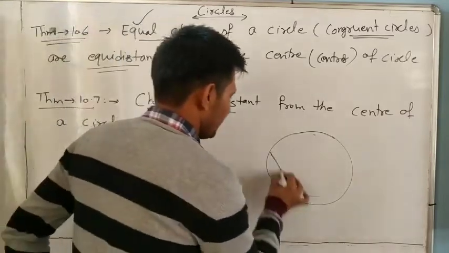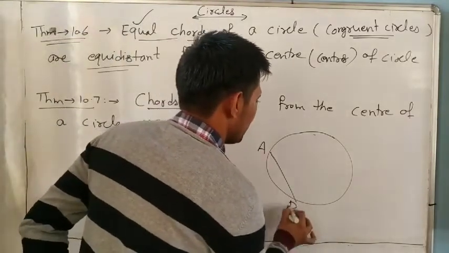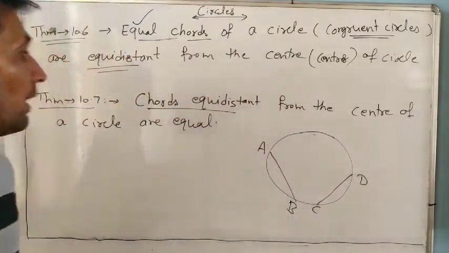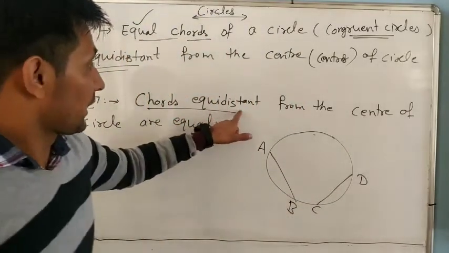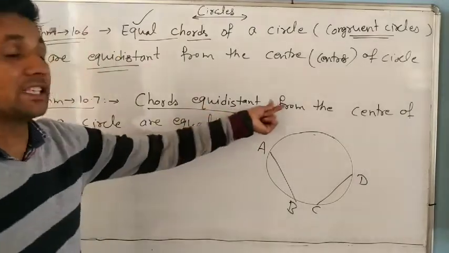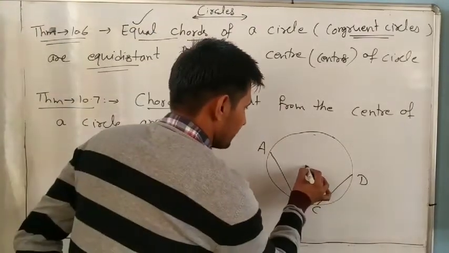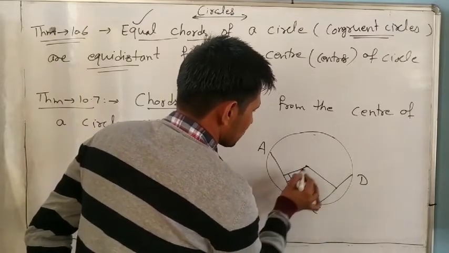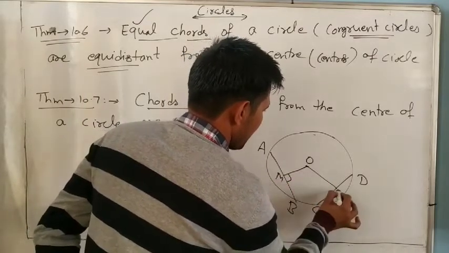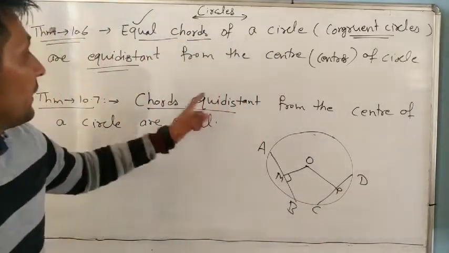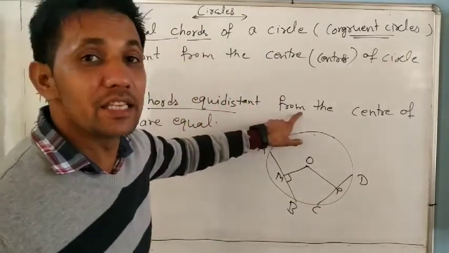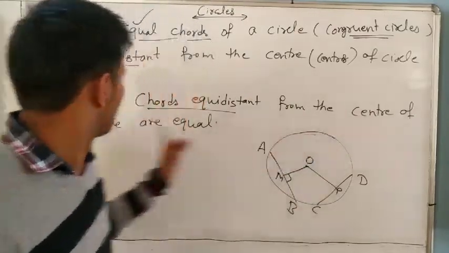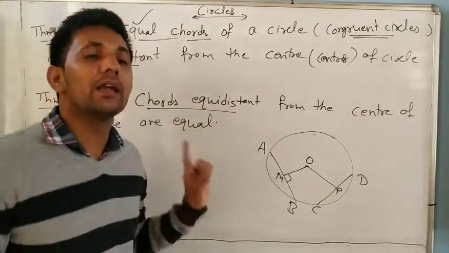Two chords are given. We don't know what their lengths are. We don't know how long AB is and how long CD is. But he is saying chords equidistant from the center. If both of the chords, OM and OP, suppose he is saying if chords are equidistant, if OM equal to OP, then the chords are equal.